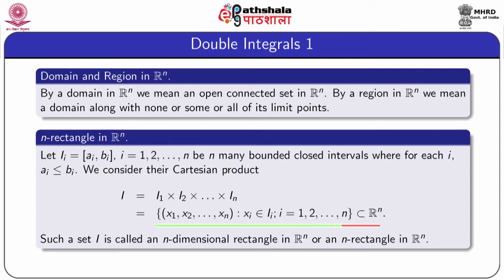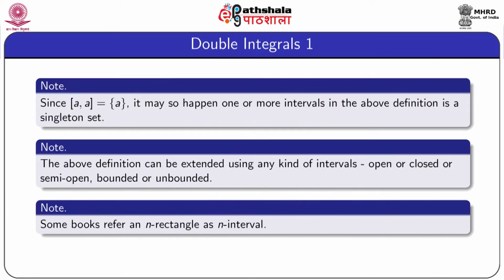Clearly this is a subset of Rn. Such a set I is called an n-dimensional rectangle in Rn, or sometimes we call it an n-rectangle in Rn. We know the bounded closed interval with both endpoints a is nothing but the singleton set {a}.